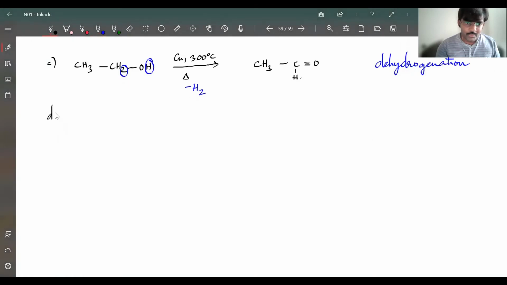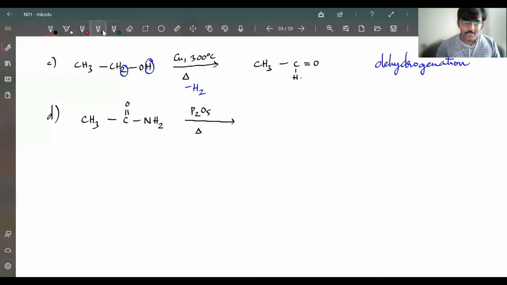Similarly, we'll go with another example. Now I'm taking CH3CONH2. This is the compound I'm taking, right? I'm heating this with phosphorus pentoxide. Phosphorus pentoxide is a very strong dehydrating agent. Dehydration means removal of water.